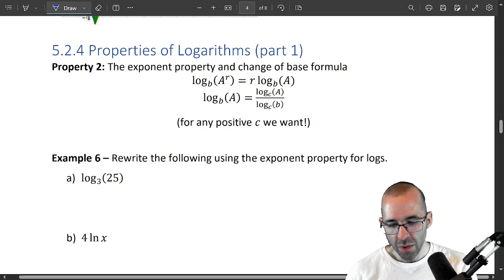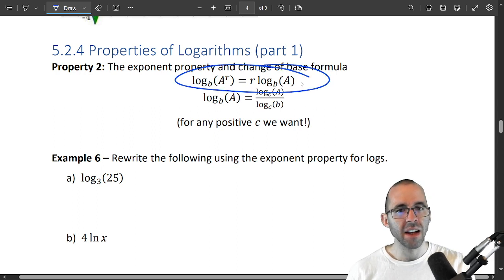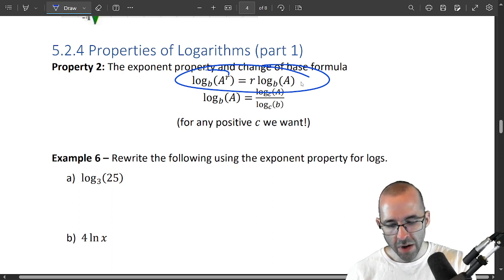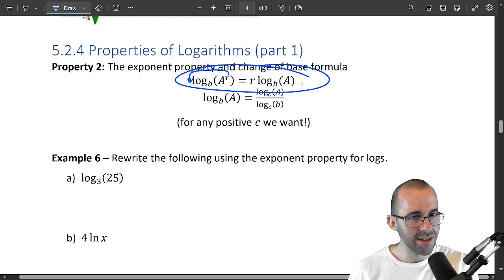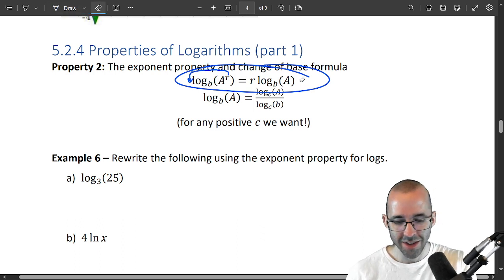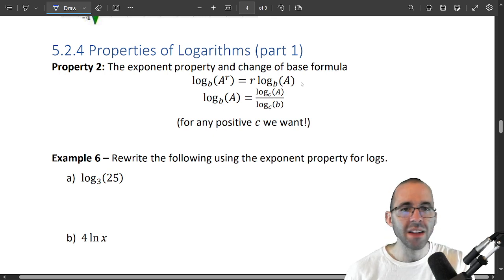Anyway, so we have the exponent property, is this one, which basically says that if we have an exponent inside of that logarithm, that exponent comes down in front of the logarithm. Which is kind of crazy, but it works. It's true. And then also, if we have a logarithm, we can change the base to any base we want.